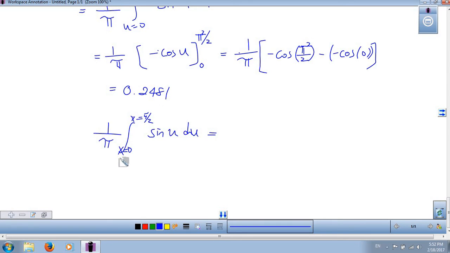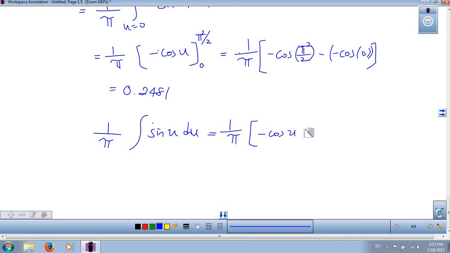Now I know this may not be a correct formula, but one thing we can do is integrate it, and we get negative cosine. I'm going to ignore the lower bound, upper bound for just a minute here.